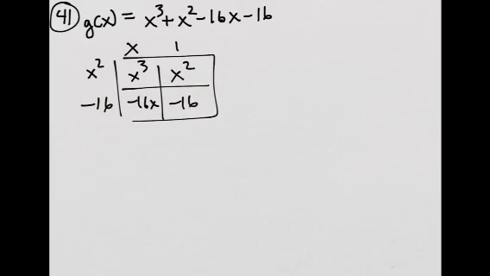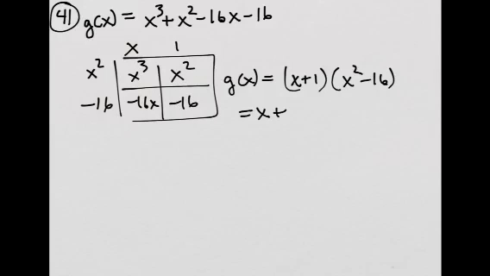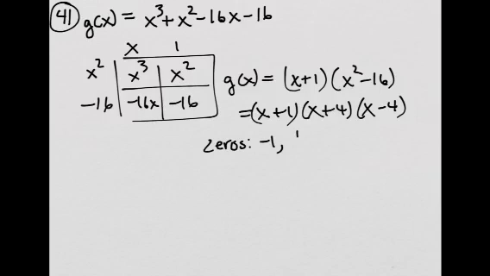So the two factors are x plus 1 from the top, and then x squared minus 16. Well, x squared minus 16 is x plus 4 times x minus 4, difference of squares. And so the zeros are negative 1 and then plus and minus 4.